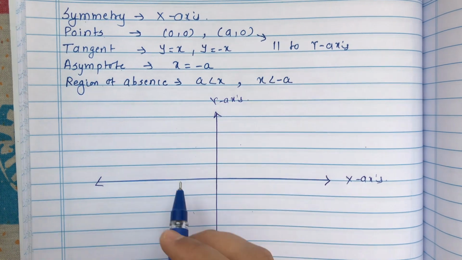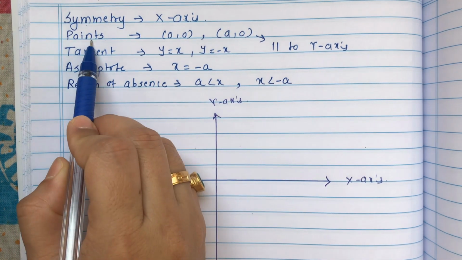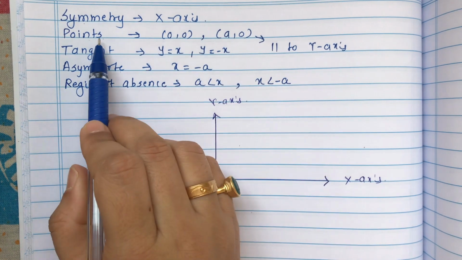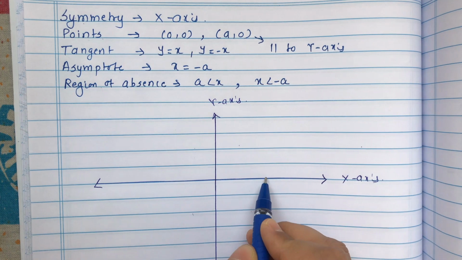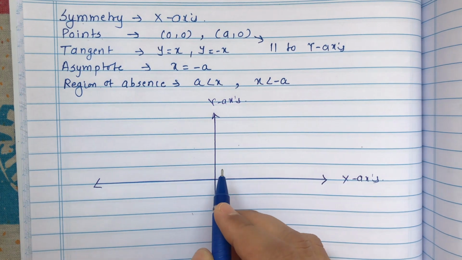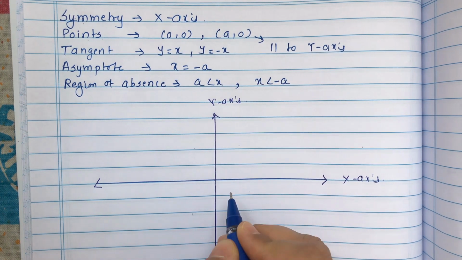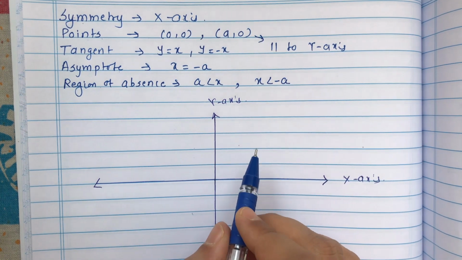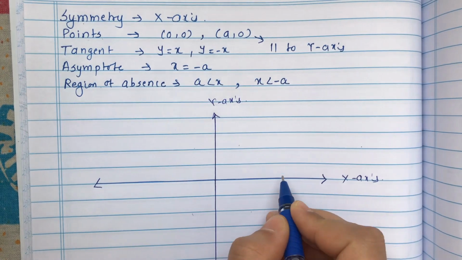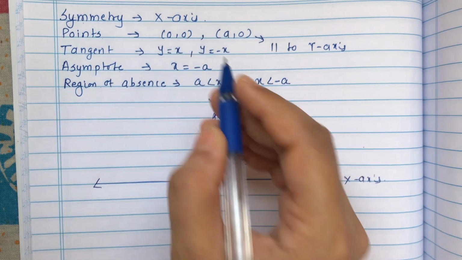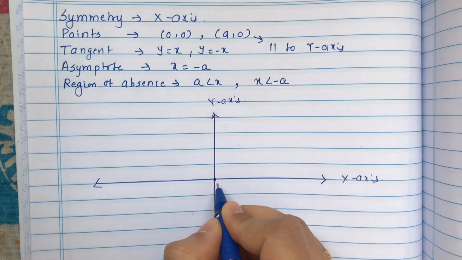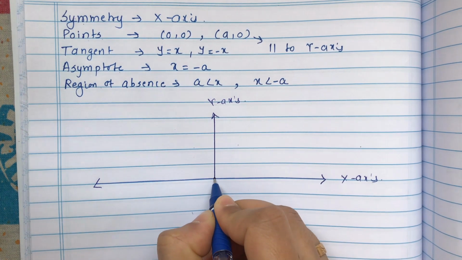Next, after symmetry, we will check what the points are. The points are 0 0 and a 0. These are the points of intersection with the x-axis, y-axis and the origin. So the next step will be what? After symmetry we have to plot the points which we have found. So our point will be 0 0, the origin.